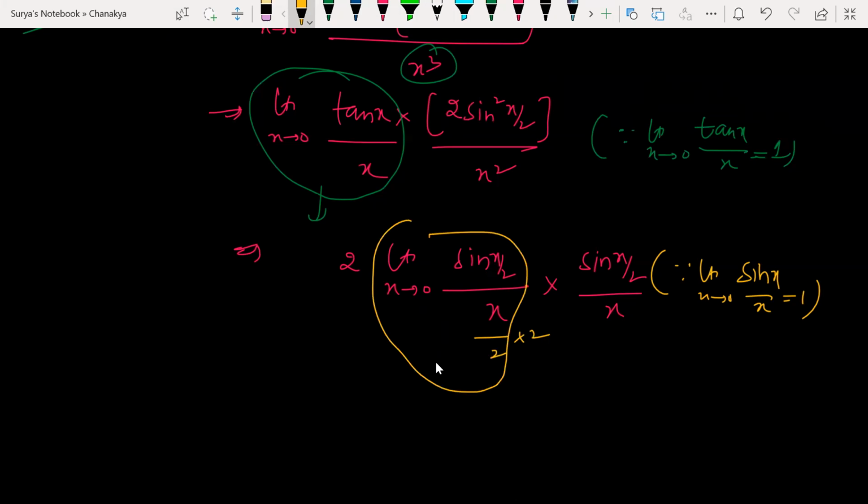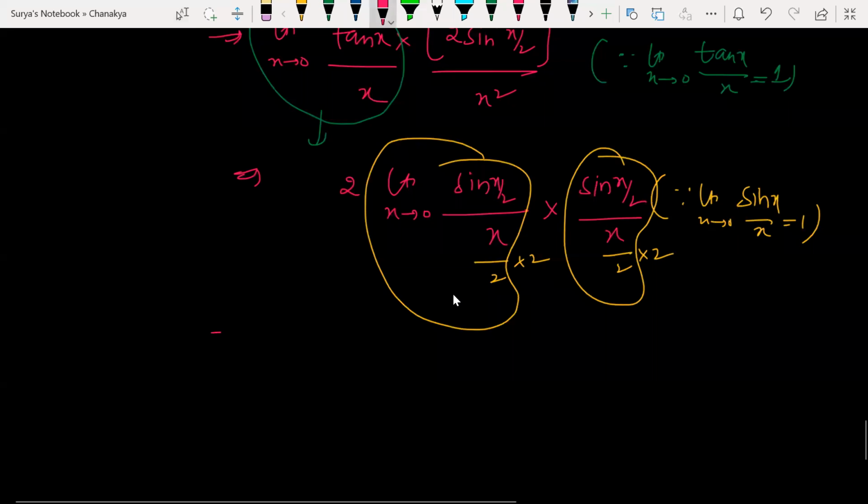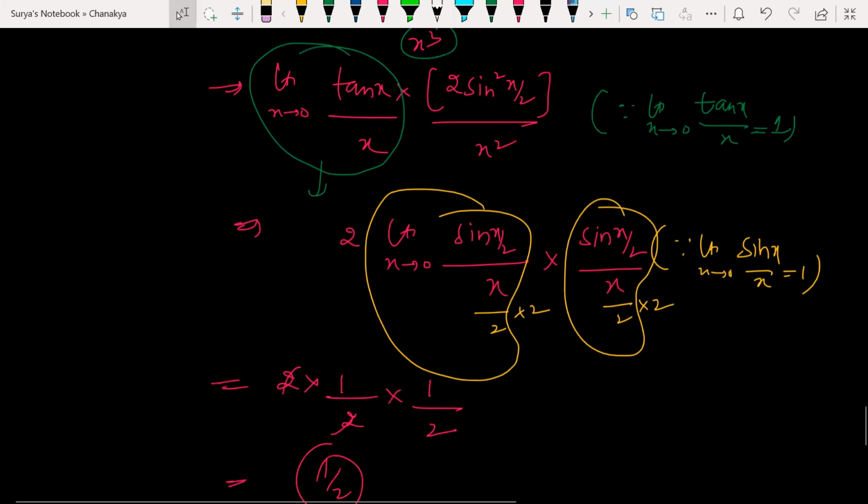Here also can I multiply and divide by 2, so this part becomes 1? Yes or no? So 2 into 1 by 2 remains, so the answer is 1 by 2.